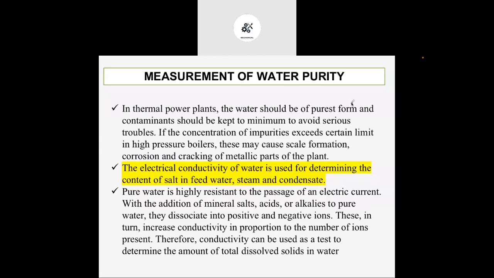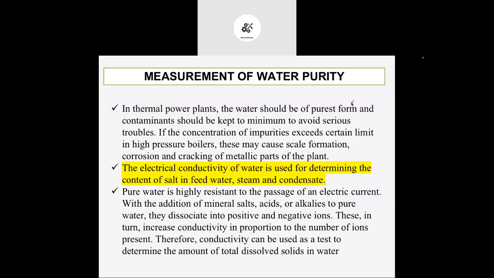So measurement of water purity is important. We have to measure how much salt has been dissolved into the water, and if the salt present is more than the prescribed limit, we have to carry out different processes to reduce the level of the salt.